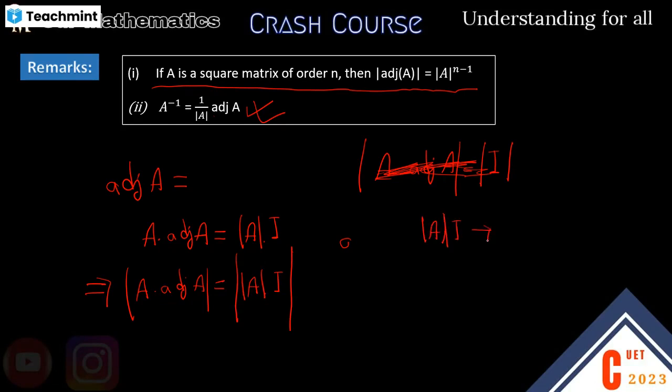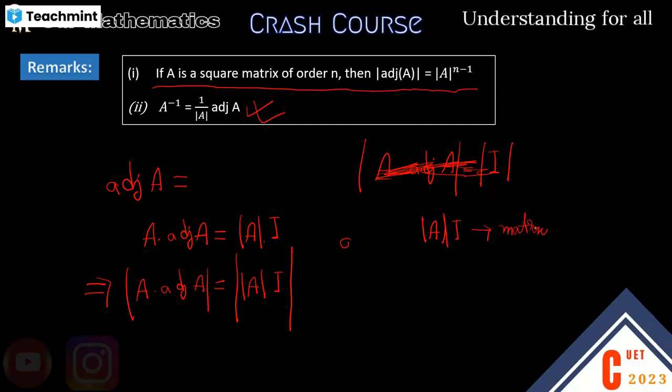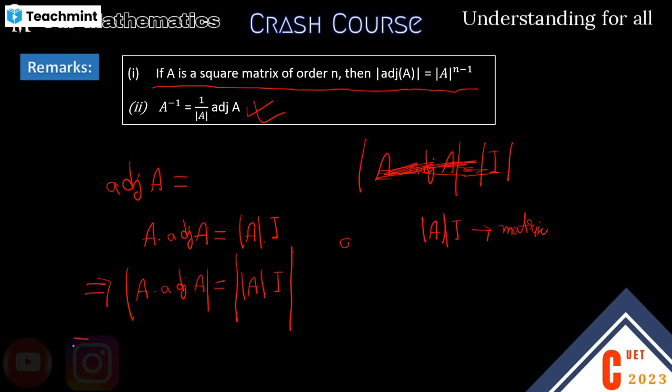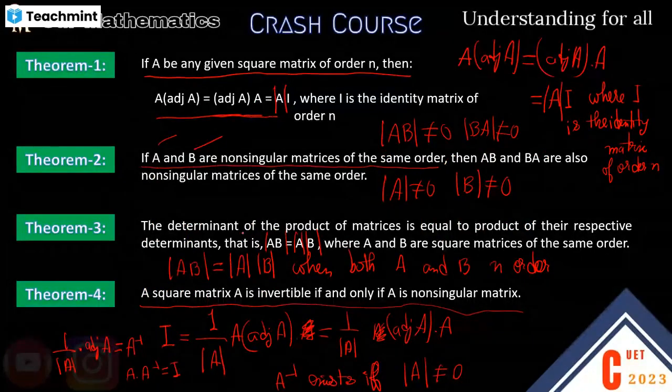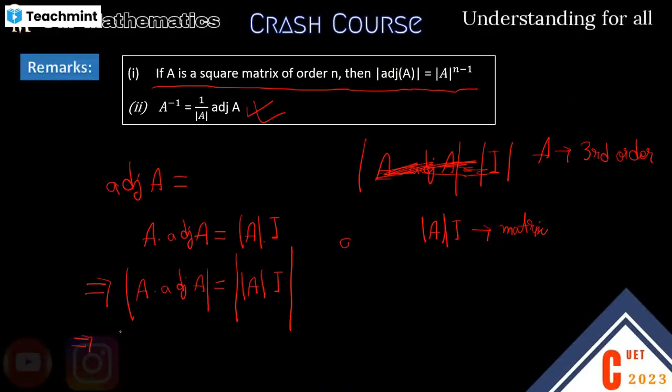Okay, so here determinant of A into I is what? It is a matrix, right? Suppose A is of order 3, then using this theorem 3, what we will get from here is determinant of A into determinant of adjoint of A, right?